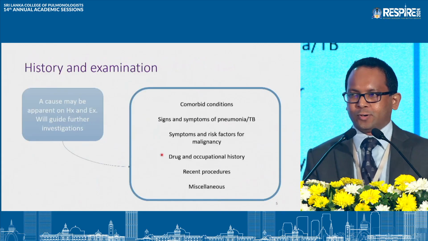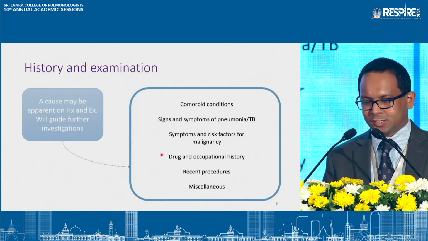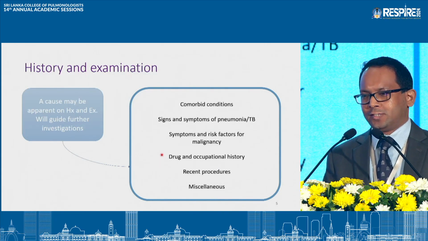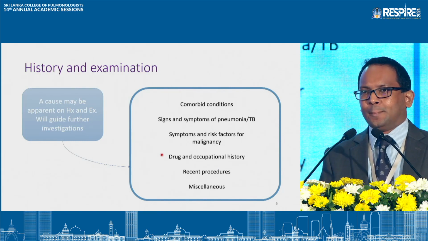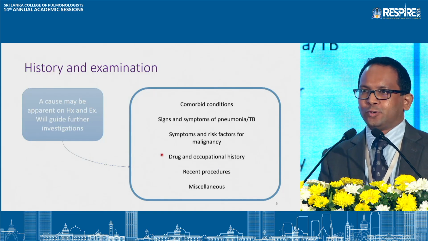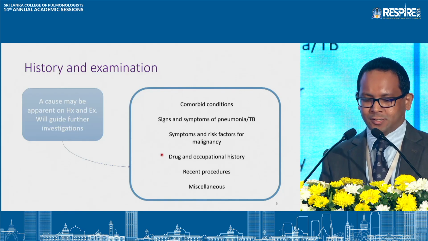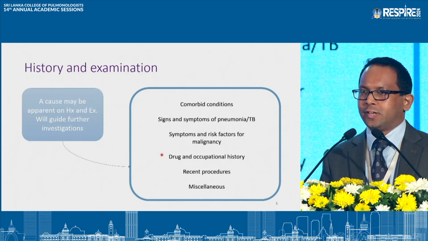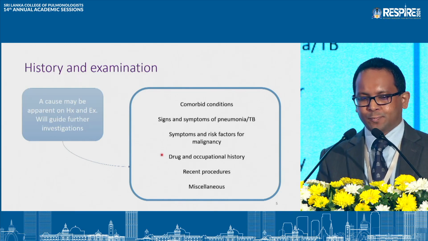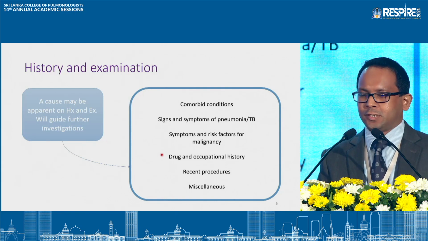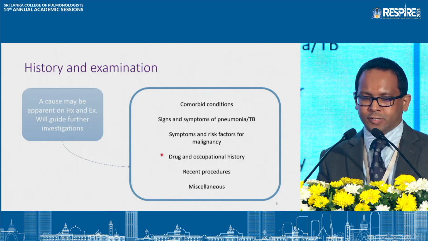So when we talk about the history, examination, and so on, even in this day and age, history and examination are very important. You may have a diagnosis based on your history and examination. Even otherwise, it will definitely point towards the correct pathway. And when we focus on this, we need to ask about comorbid conditions, especially heart disease, underlying lung disease, renal disease, and liver disease.